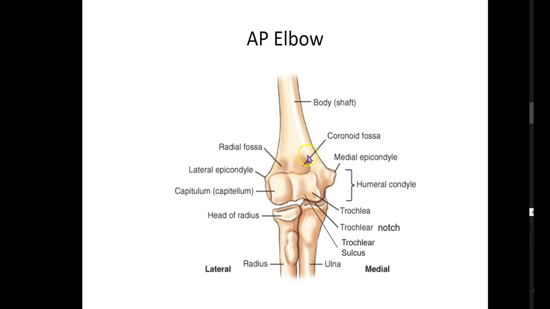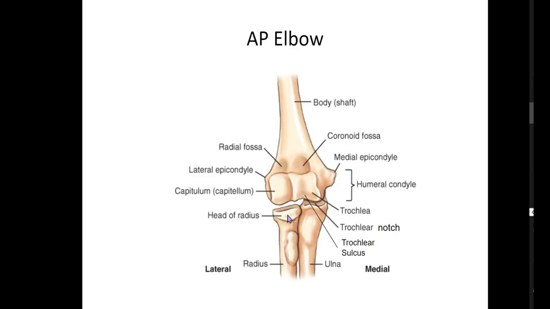The coronoid fossa, remember fossa meaning depression or groove, and the radial fossa. As you flex or bend your elbow, the coronoid fossa receives the coronoid process. The radial fossa receives the radial head.